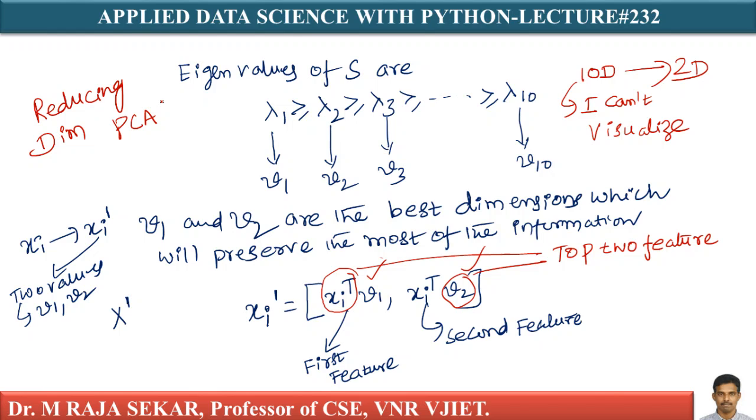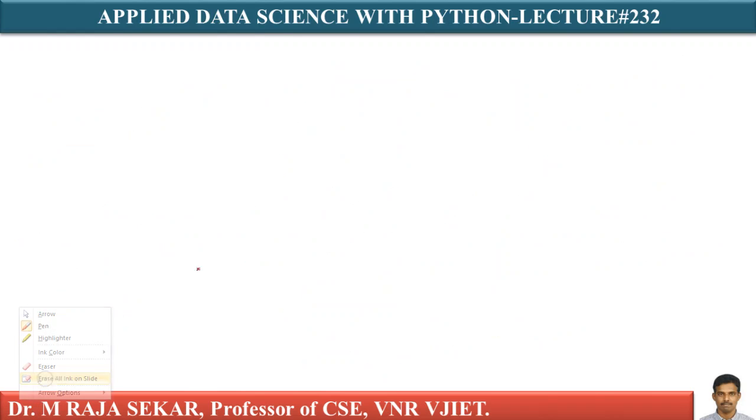We will see the MNIST database example. We already discussed MNIST, which has 784 dimensions.